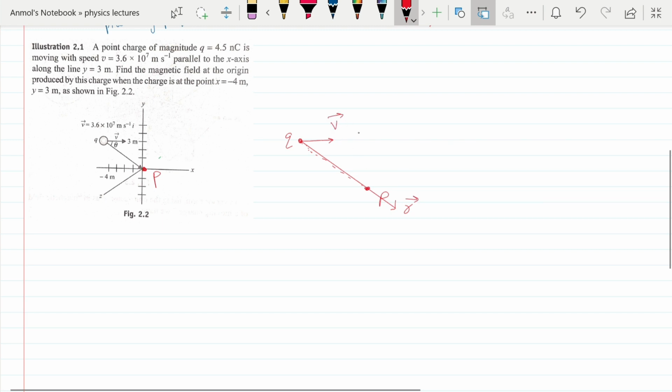Again, about the plane which you are covering here, the plane in which your V and R vectors are lying is basically the XZ plane.